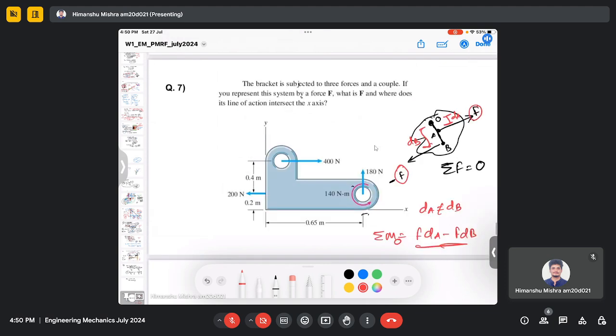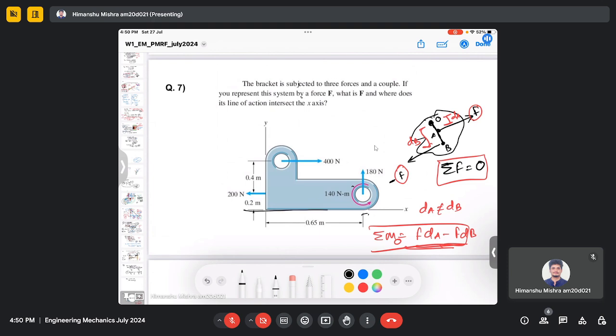So in a couple, the summation or resultant force is zero, but even if your resultant force is zero, there will be a moment, and this is a couple. In the problem, we are given three forces and a couple. What is force F and where does its line of action intersect the x-axis?